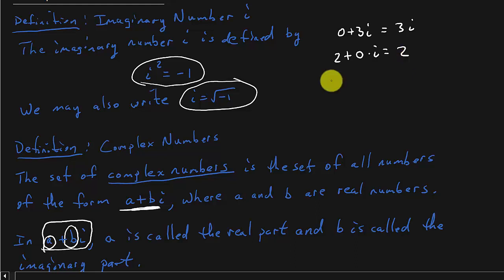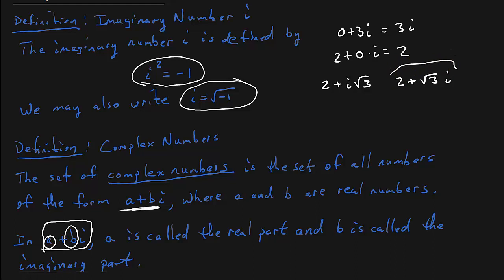And then also, if we have b as a radical, this is how we write it. It's the same thing as 2 plus the square root of 3 times i, but we don't write it like that because you could accidentally write it so that it kind of looks like the i is underneath the radical when you're not intending it to be.